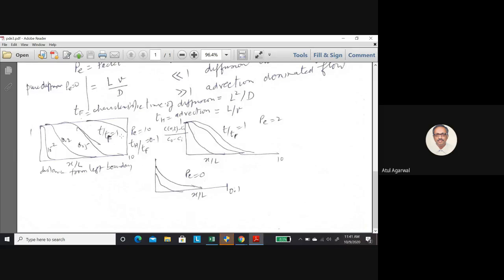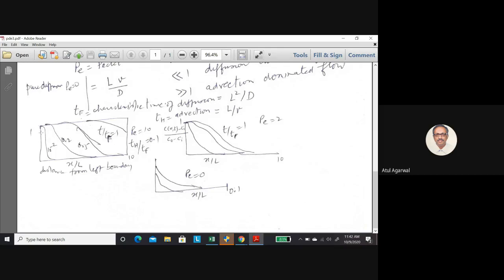Now you see for Peclet number 2, you're better off: up to the position your convective effects have reached, you have achieved the full value. Thereafter, it is slowly rising. So the value is being realized slowly.